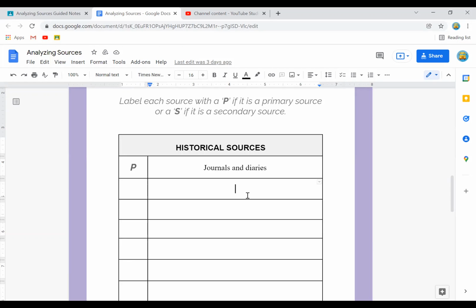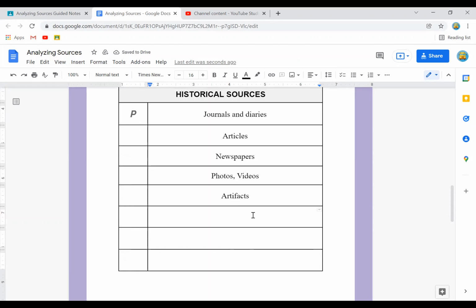The example I put was journals and diaries, articles, newspapers, photos, videos, artifacts. Someone said famous or historical people.